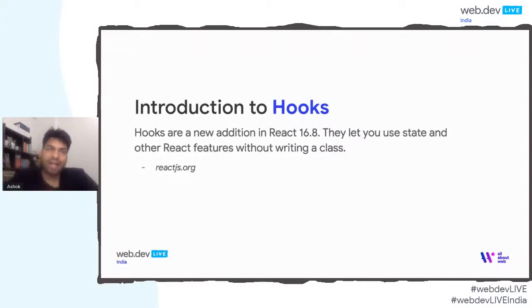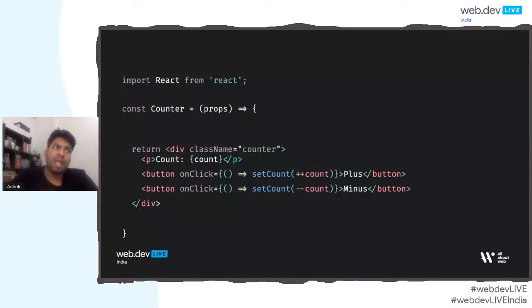So what hooks are, typically, is that they let you use state and other React features without writing a class. And they also provide a way to share logic among these components, specifically stateful logic, so that you don't have to restructure your code and end up having wrapper hell.